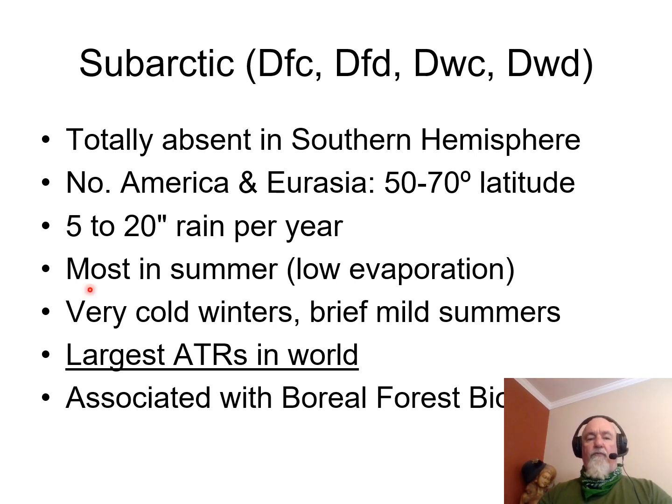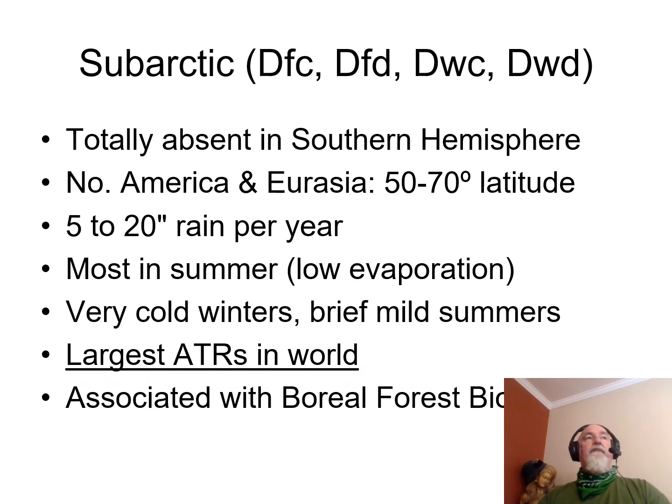Now most of this moisture is going to fall in the form of summer precipitation, summer rainfall, but we get really, really cold winters, so we get substantial amounts of snowfall in the winter. Now, if you were to have bitterly cold winters and pretty mild to warm summers, you're going to have a pretty large range in your annual temperature range.